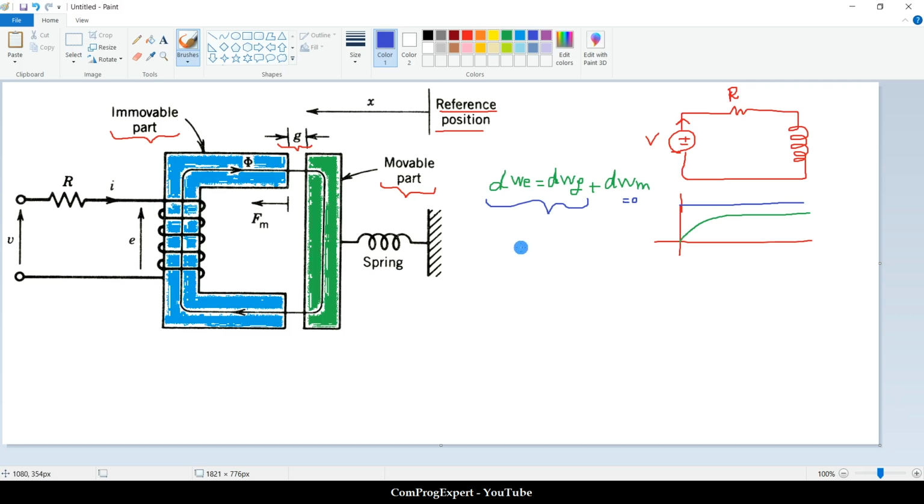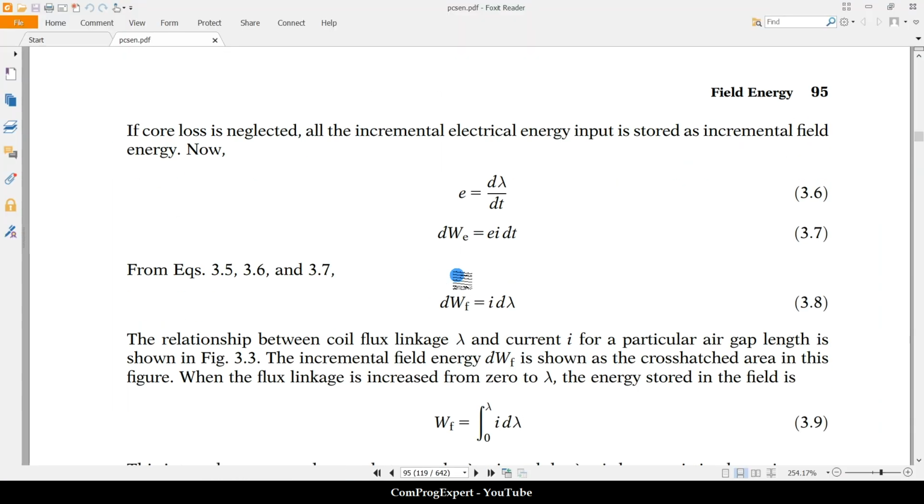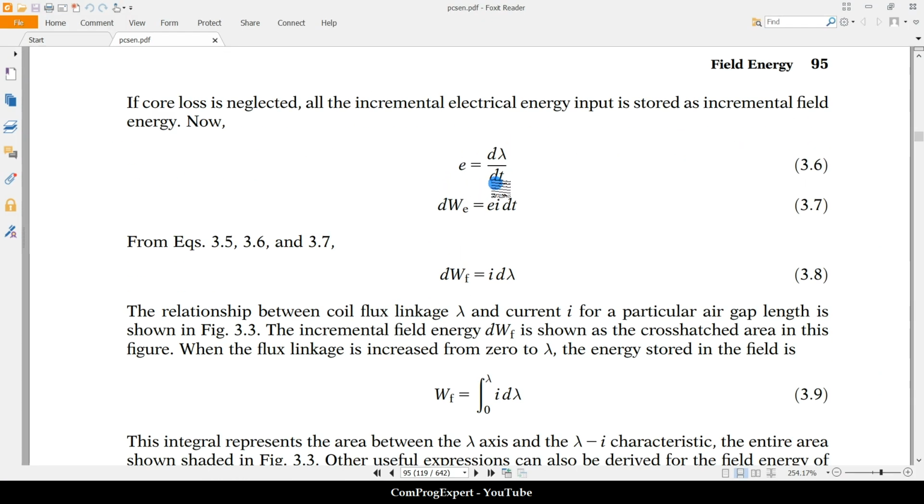For an inductor, the EMF is d lambda dt. If we neglect iron losses, all energy delivered by the source is stored in the magnetic field. What is the equation? Considering this EMF, this is dWe, E, I, dt.